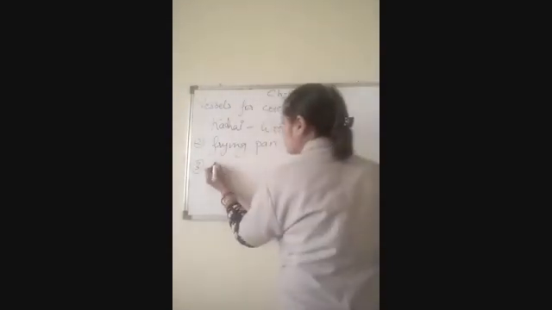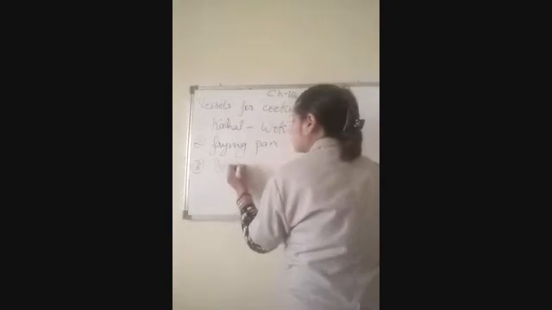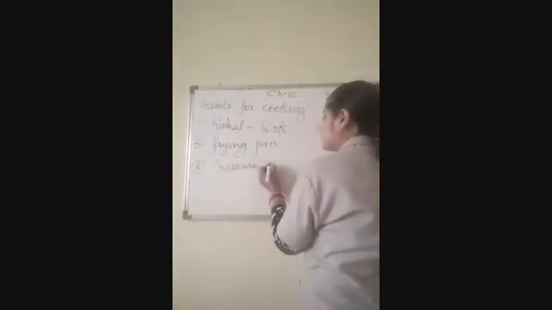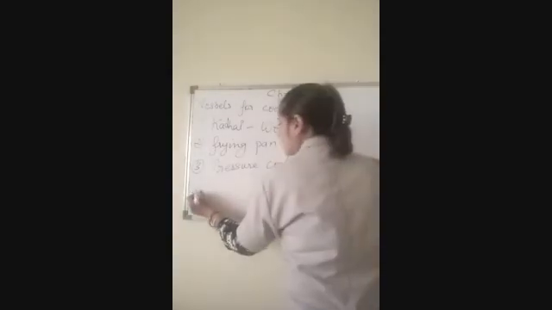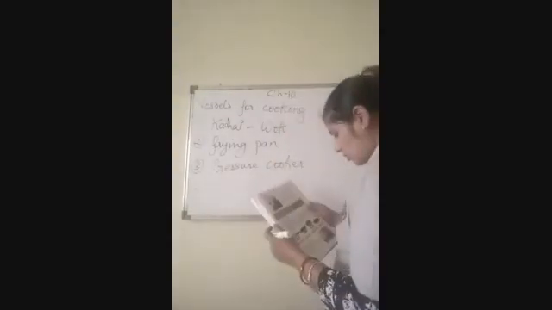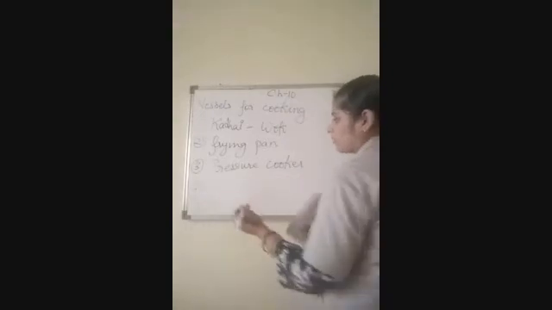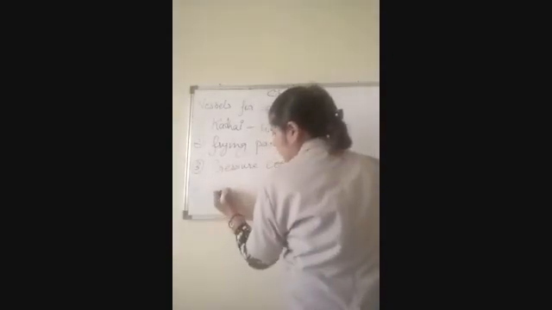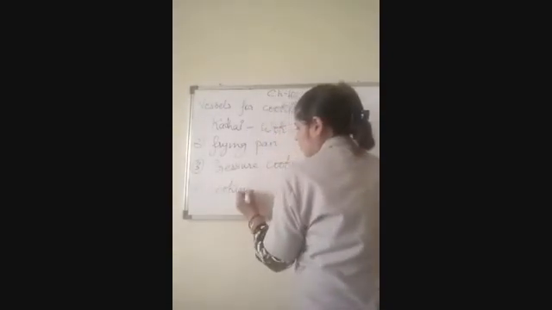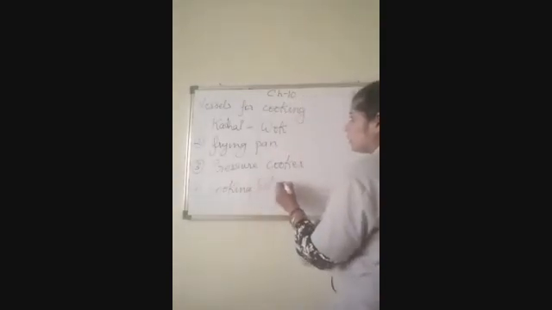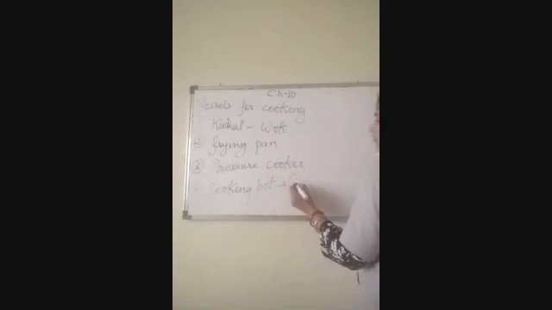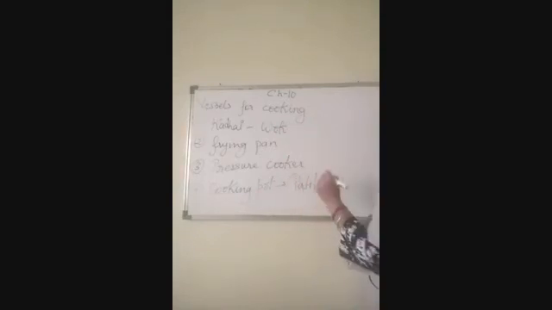So here it is your pressure cooker, and the fourth one is your cooking pot. And what do we call it in Hindi? In Hindi we call it patila.